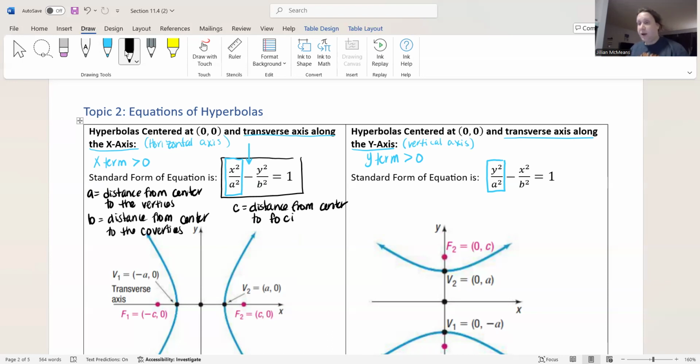We have a Pythagorean relationship here too, but it's a little different. This time, the Pythagorean relationship is c squared equals a squared plus b squared. So it's more typical of what we expect with a Pythagorean theorem.